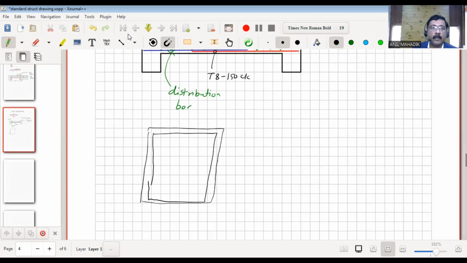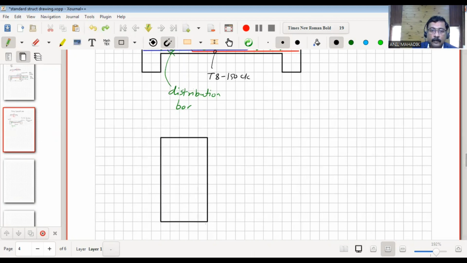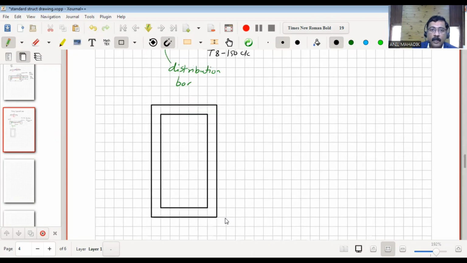Let me draw it properly. So these are all beams, and let's say this is your slab and this is a one-way slab, say S1, and these are beams. So if this is S1, S1 means we can say it is a one-way slab.